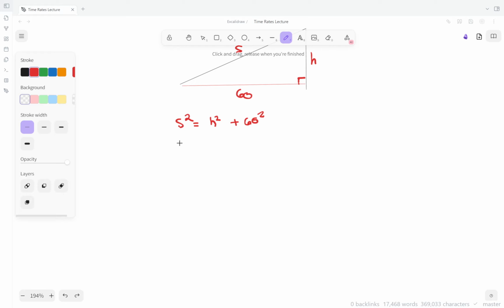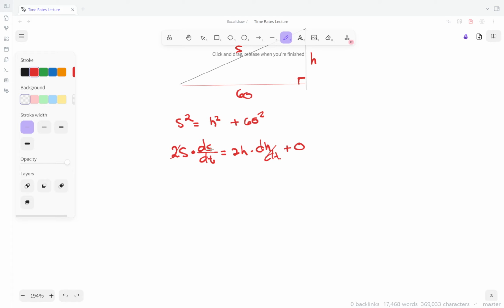Here, this becomes 2s, but according to the chain rule, you need to take the derivative of the inside term, so this becomes ds/dt. Do the same thing for h squared: this becomes 2h times dh/dt. And the derivative of 60 squared is just 0 because it doesn't change.